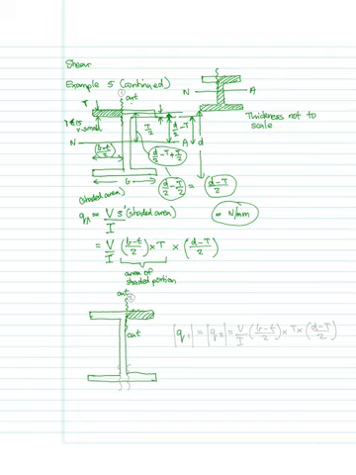So we'll call that the first cut, we'll call that the second cut. Q of the first cut, Q1, would be equal to Q of the second cut, and that is V over I times b minus t over 2 times t times d minus t over 2. So that would give you the shear flow at the second cut.